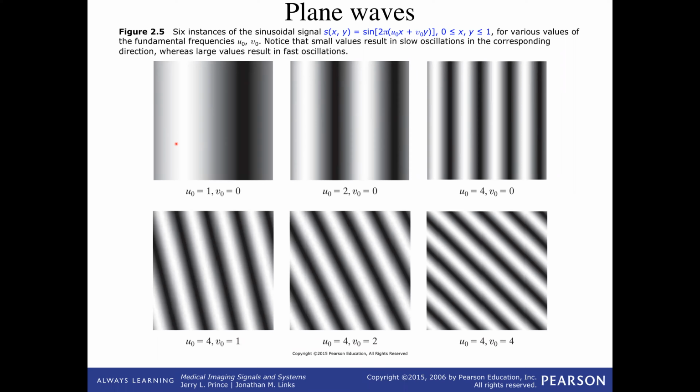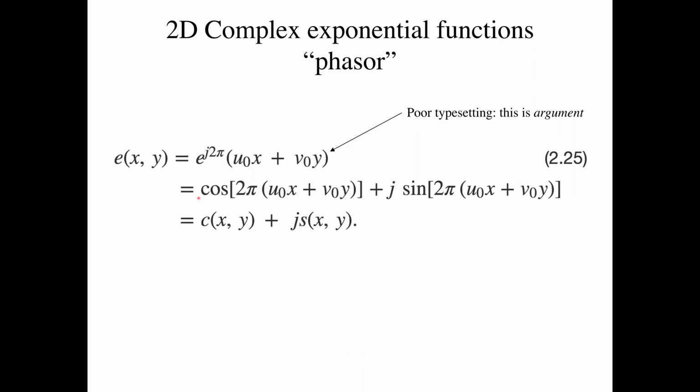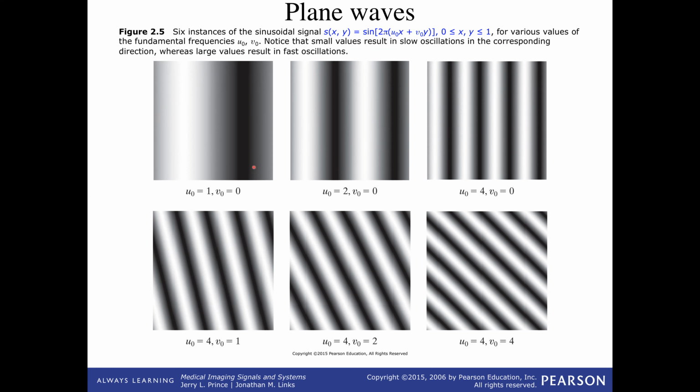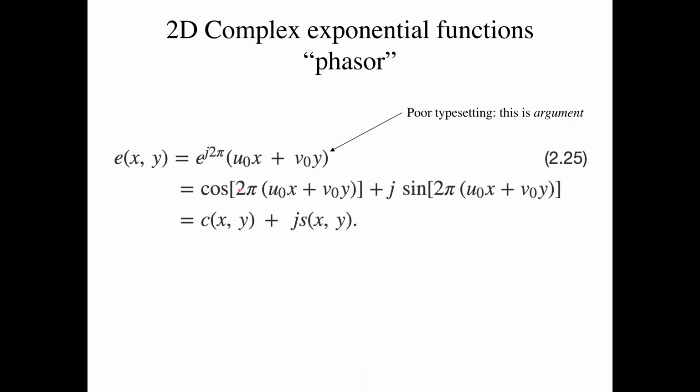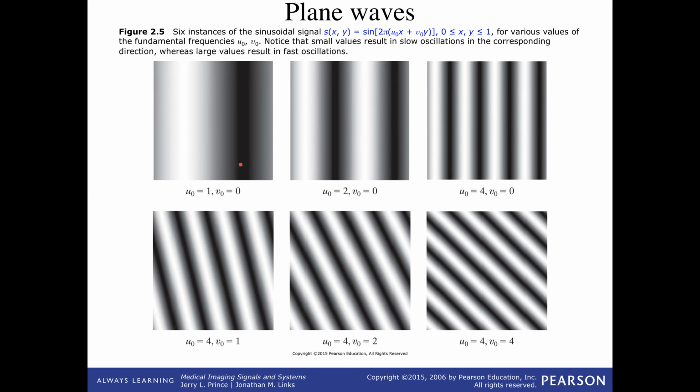So let's take a look at some of these functions in the plane, where we have, in this case, u sub 0 from the equation equal to 1, and mu sub 0 equal to 0. So this is equal to 1, this is equal to 0. This goes away, then we have this left, right?